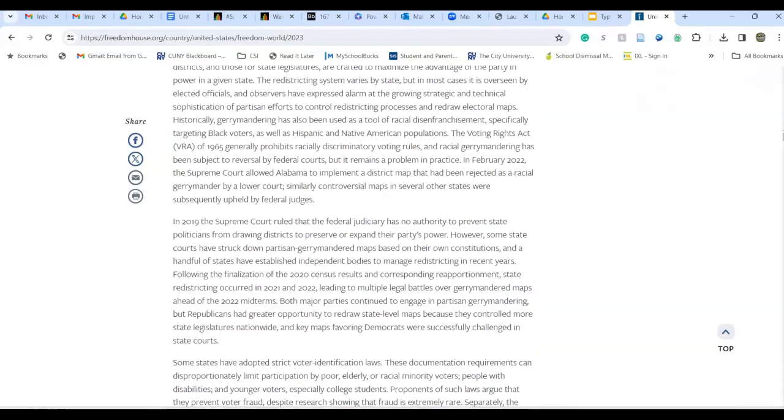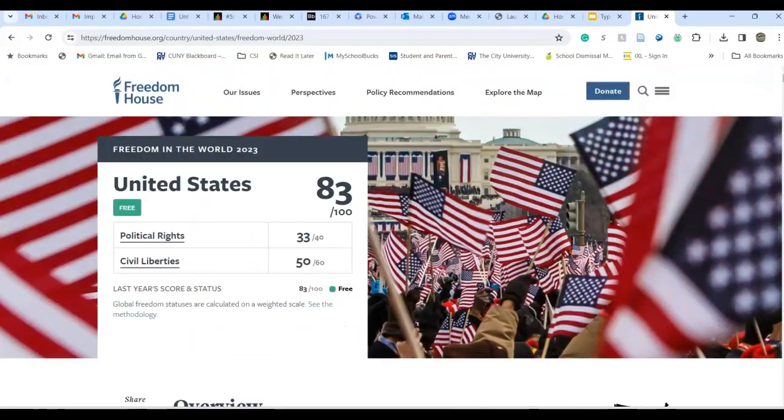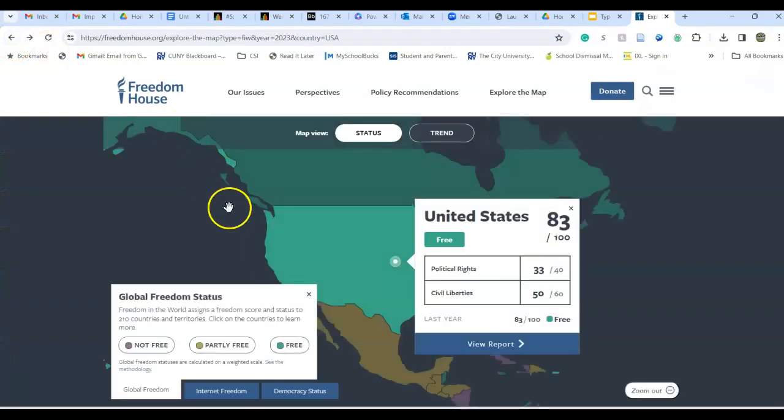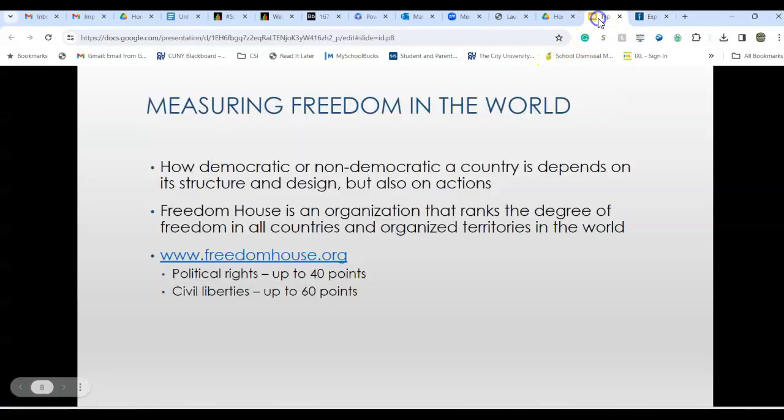So you can take some time and play with this and look at the United States or any other country that you are interested in to figure out how free it is. What's important here is that there are ways to measure exactly how free a country is and how democratic a country is.